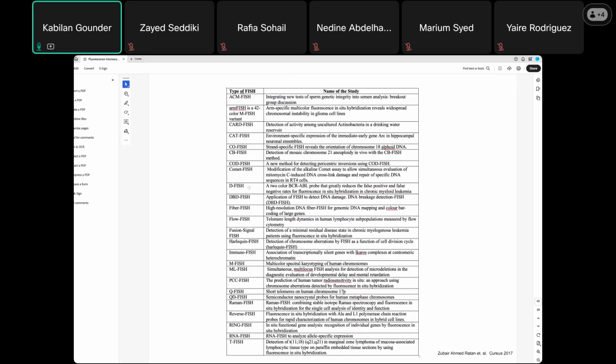Then DFISH, that is a two-color BCR-ABL probe that greatly reduces the false positive and false negative rates for fluorescence in situ hybridization. Mainly it's for CML. So there are so many techniques that help to detect and understand further with all these cancer types.